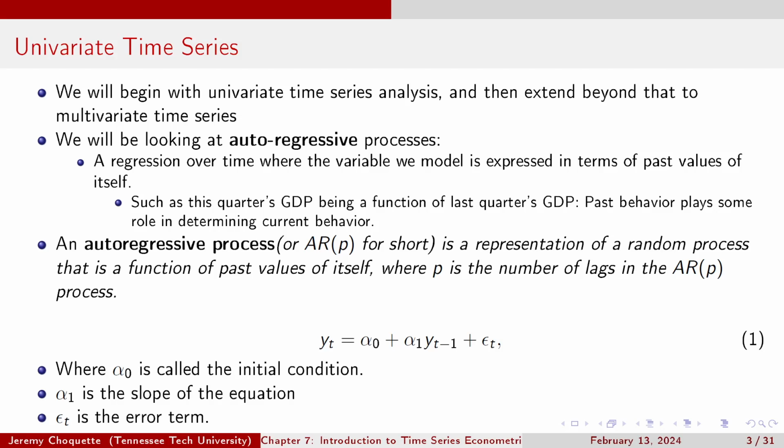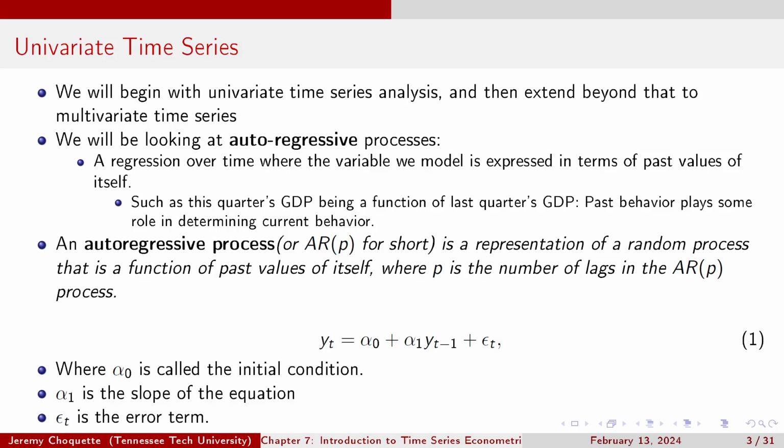with one lag, you'd be looking at equation one, say this is GDP. You're looking at Y sub t, today's GDP, being a function of last quarter's Y sub t minus 1 GDP. Think of it like inertia. There's going to be a little bit of inertia in the process we're looking at. So if GDP's value last quarter was Y sub t minus 1, Y sub t is probably going to have something to do with what Y sub t minus 1 was.